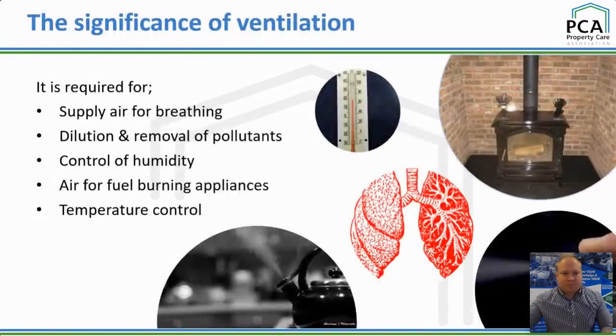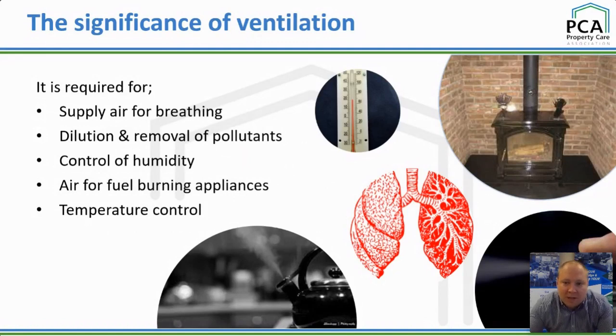But what do we need it for? For a number of reasons. Firstly, supply of air for breathing, quite important. If we don't have air, we can't breathe. That's pretty major. Dilution and removal of pollutants, control of humidity, air for fuel burning appliances, and temperature control.